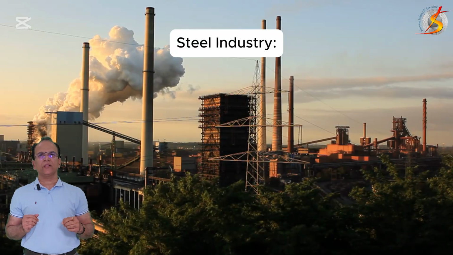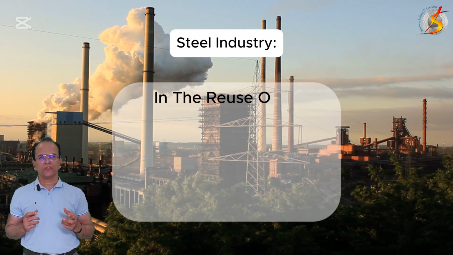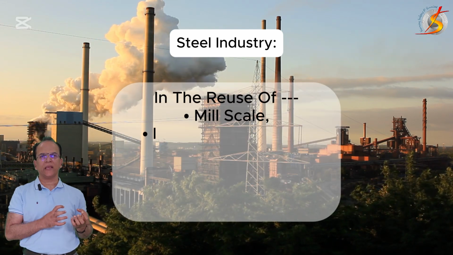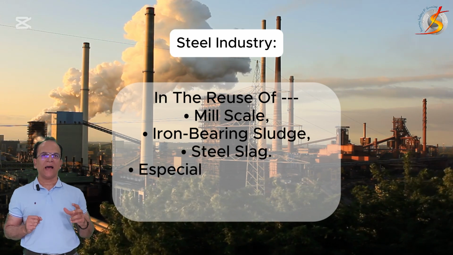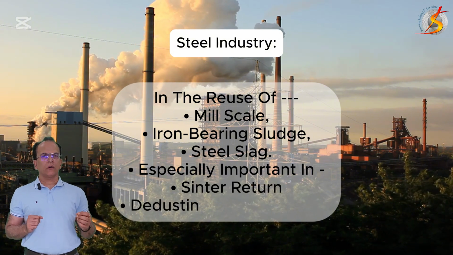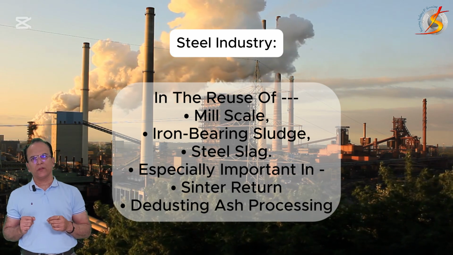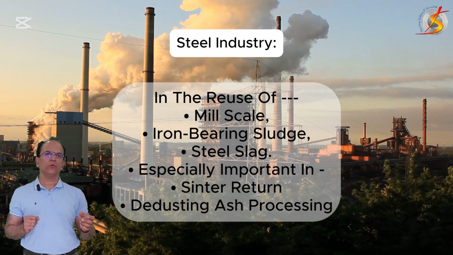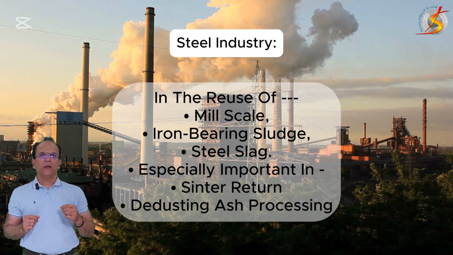Binders are used in the steel industry for reuse. Why I'm saying this: if we want to use the mill scale in the BOF, electric arc furnace, or iron-bearing sludge, or steel slag, or sinter return fines, and dedusting ash processing, for that the binders are used for making pellets as well as briquettes.